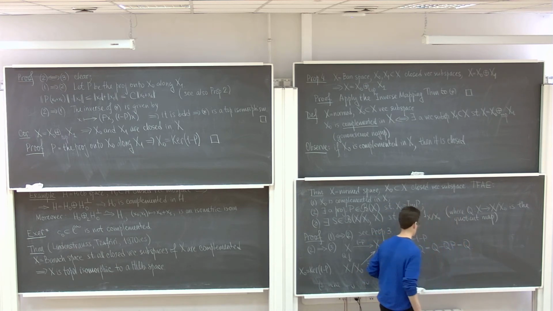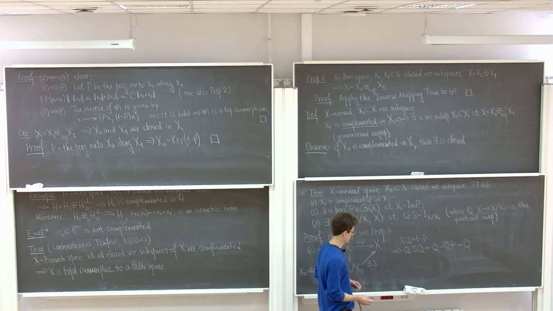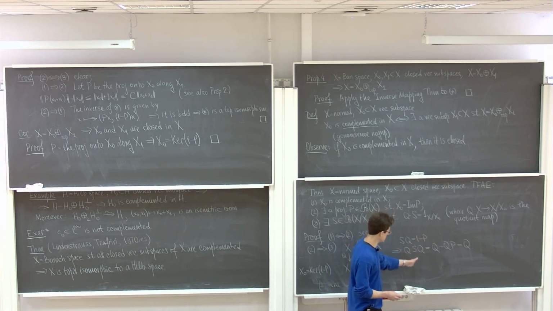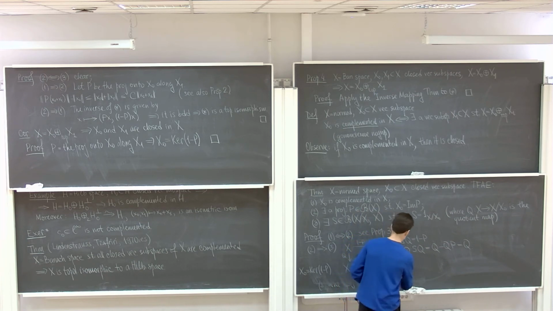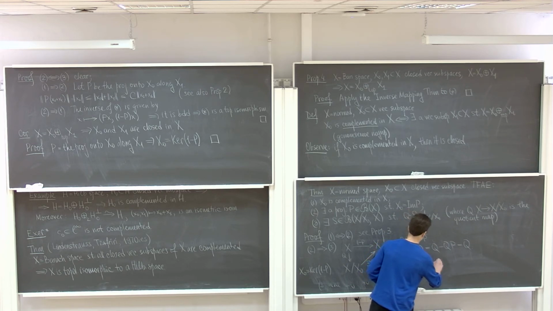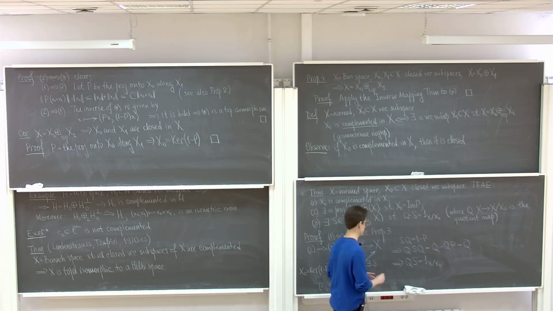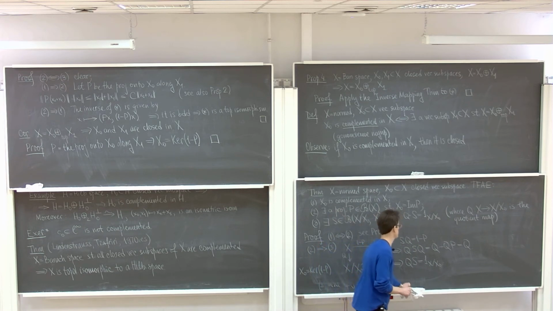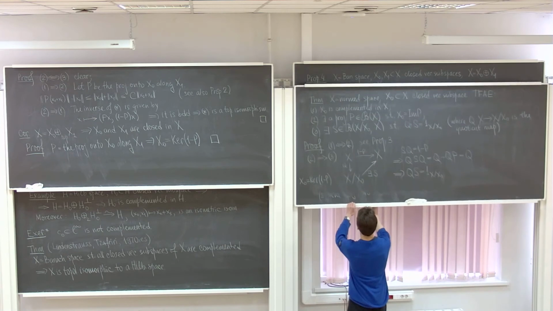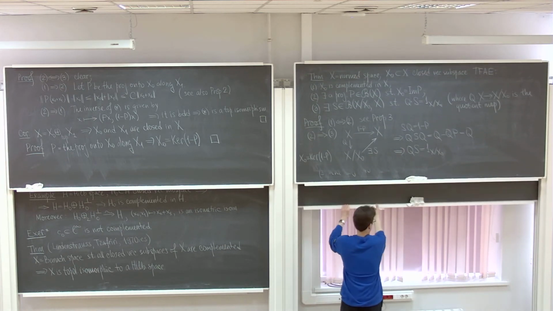So we see that this is Q. And finally, we can cancel Q on the right because Q is surjective. And this implies that QS equals the identity map on the quotient. Okay. So this shows that 2 implies 3.